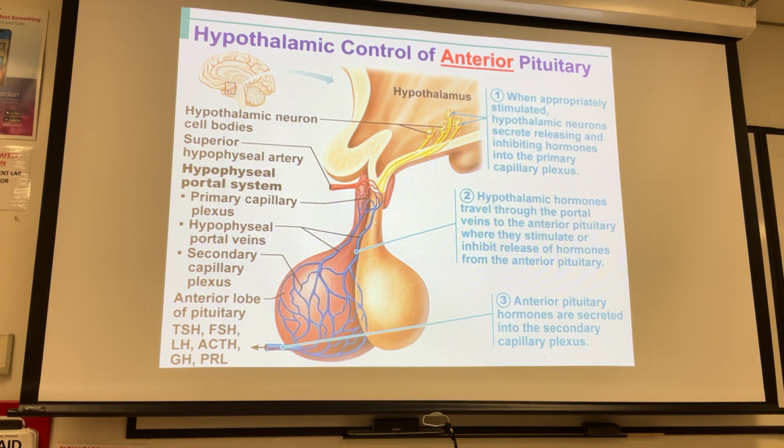Anterior pituitary, right? They target the anterior pituitary. What effects do they have? What is the effect of the releasing hormone? Yeah, make and release more hormones. What's the effect of the inhibiting hormone? Or dare I say the functions, right? Of the inhibiting hormones? Make and release less. Excellent, right? So we know the target of it. We know the function of it.